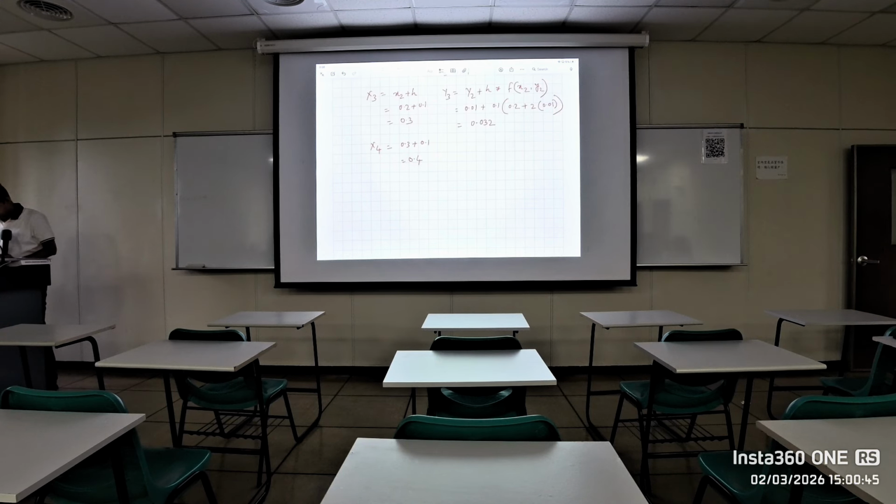Okay, so this is what we got here. x4 is this one. Then what is my y4? It is y3 plus h into f of x3 and y3.